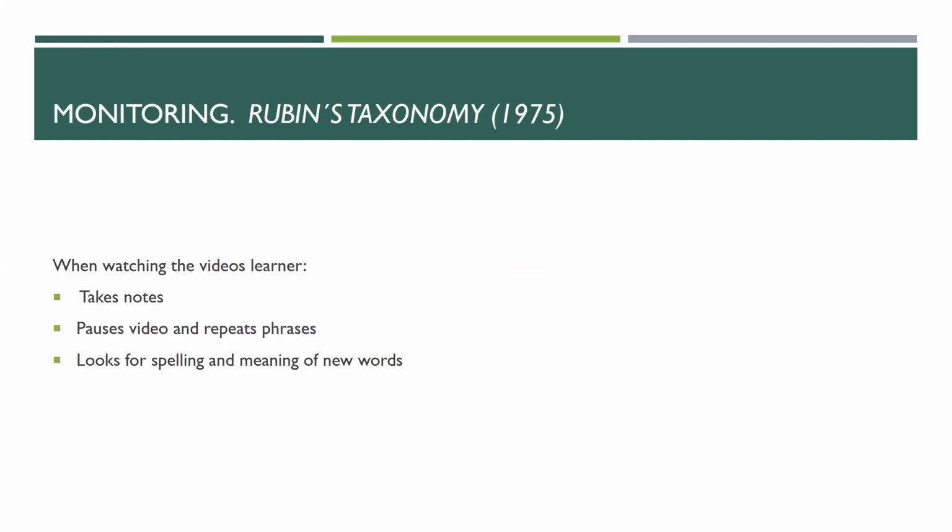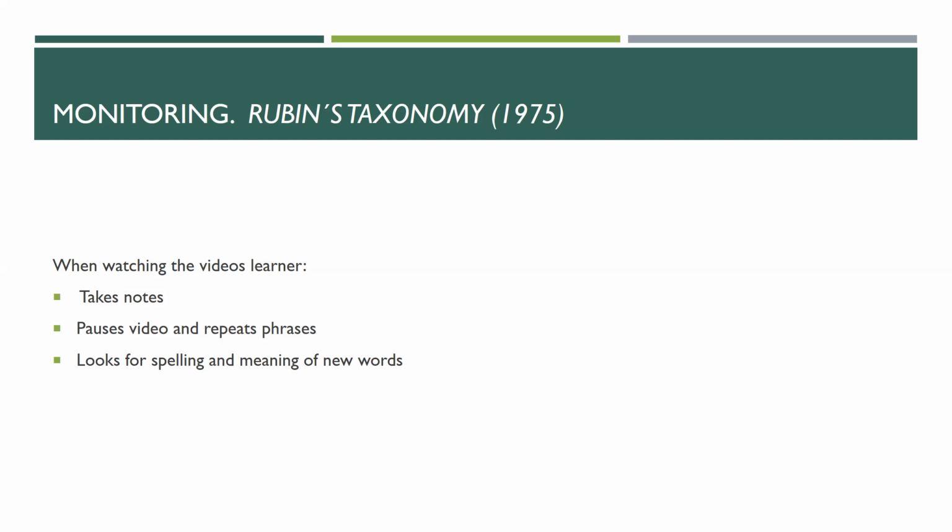According to monitoring in Rubin's taxonomy, when watching the videos, the learner takes notes, pauses the video and repeats phrases, looks for spelling and meaning of new words. Okay, so the student is monitoring their own learning, right?